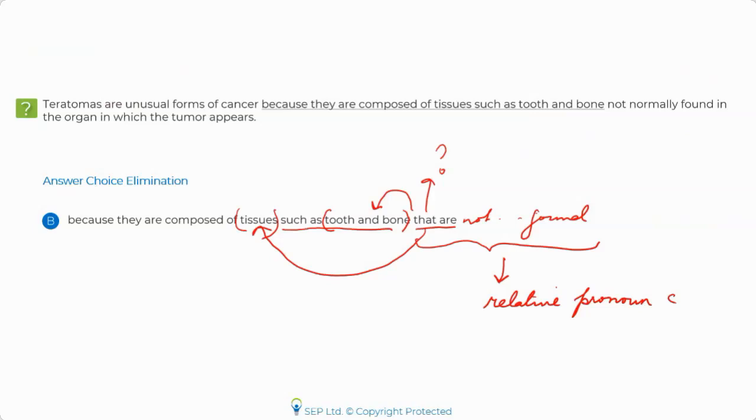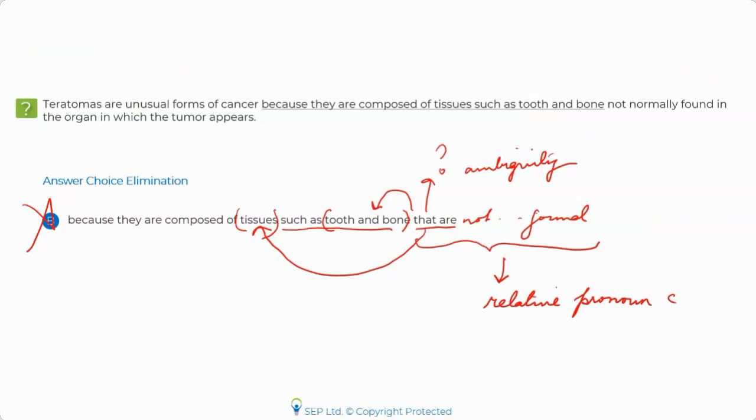Maybe I don't know where tooth and bone are found. So it could mean the tooth and bone that are not found. It could mean the tissues that are not found. So this creates an ambiguity, guys. And ambiguity is an error. Okay. So this construction doesn't work.